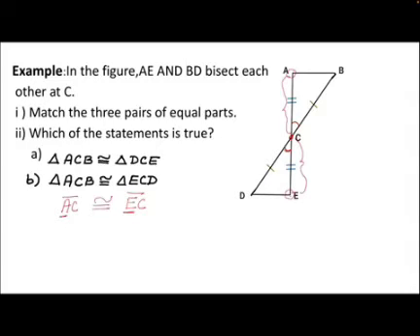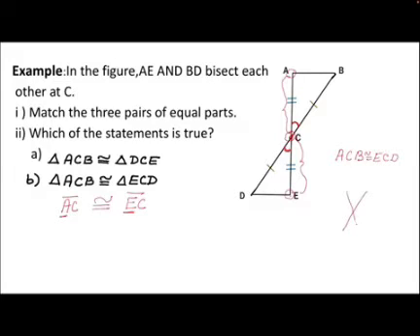Now, that angle at this vertex C is ACB. We are talking about this angle. That angle corresponds to ECD. They are congruent. How do you know? Of course, there is that single stroke here.